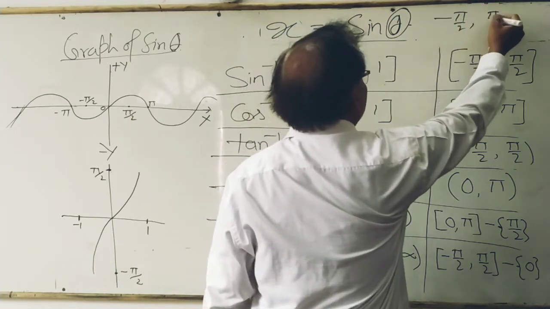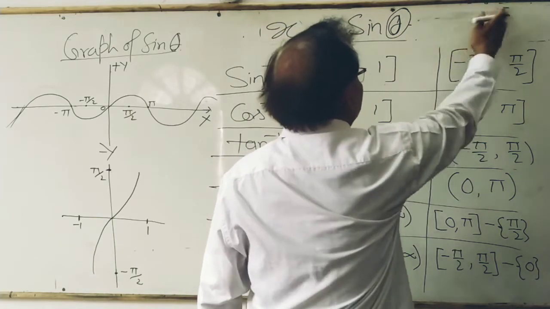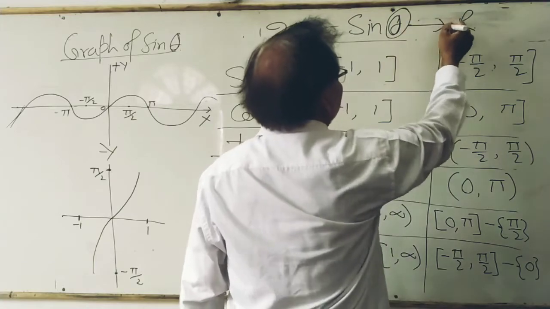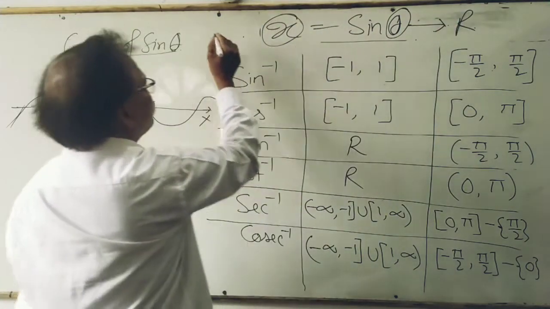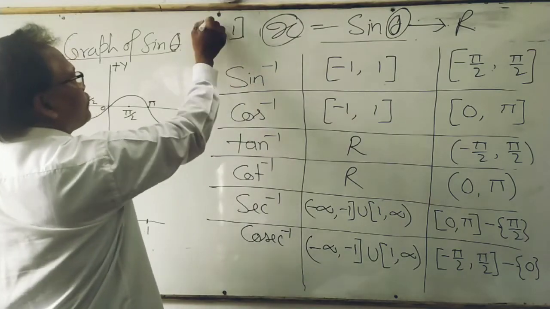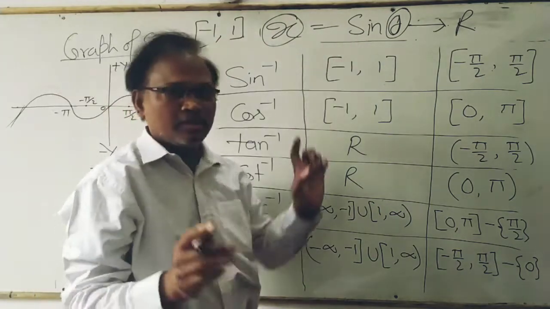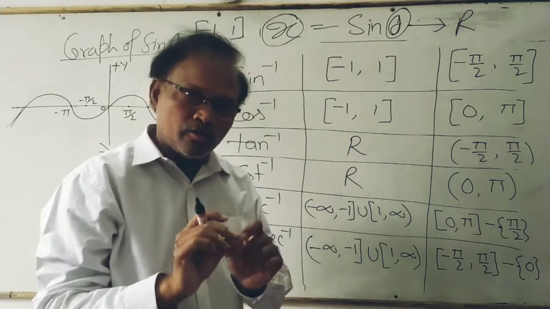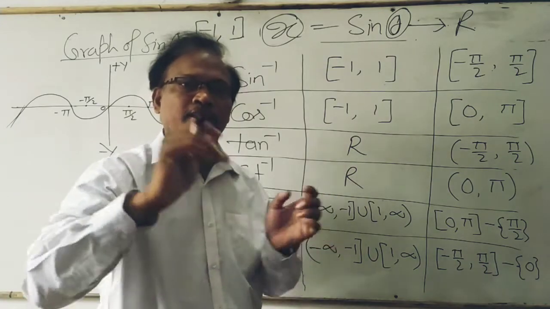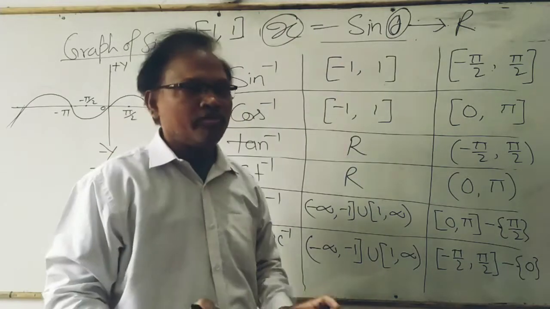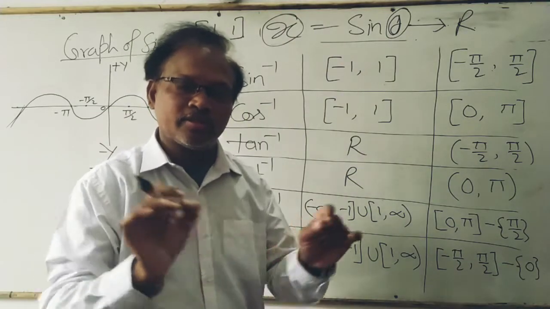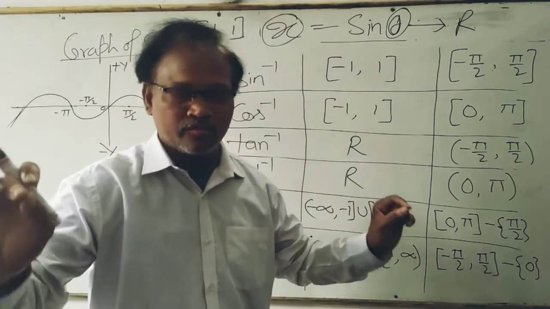-π/2 to π/2. The domain is real numbers, theta is a real number, and the range is -1 to 1. The range of sin theta is -1 to 1, and for the domain of sin theta, theta can be any real number. Whatever value you write, our answer will come between -1 and 1.